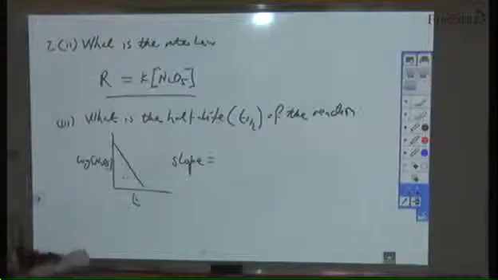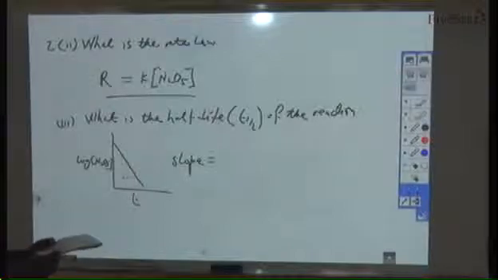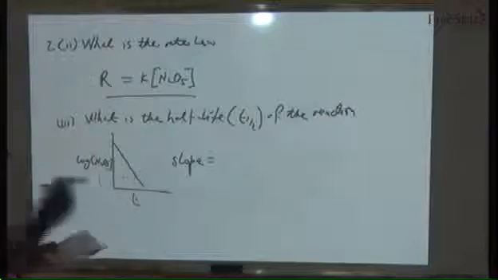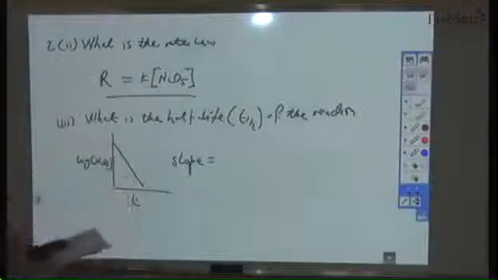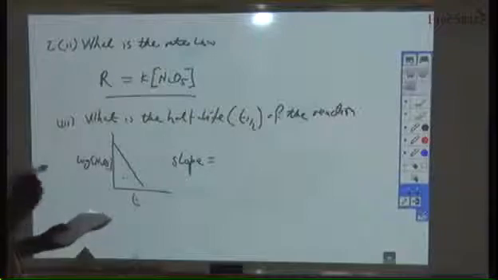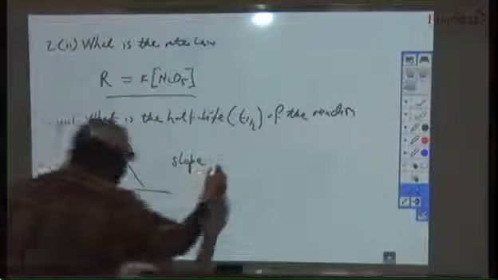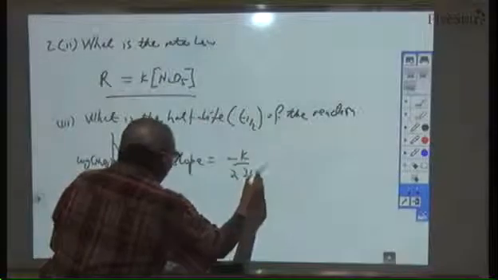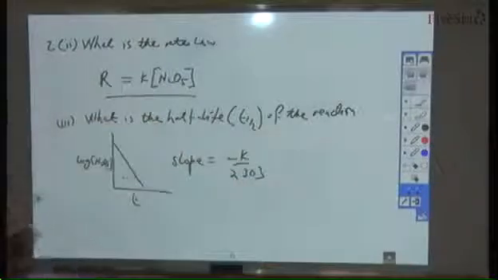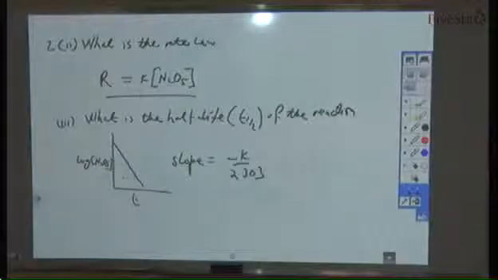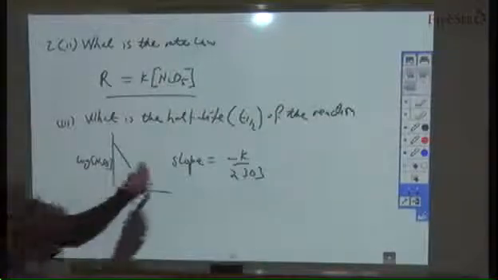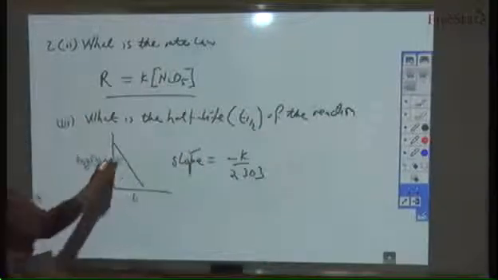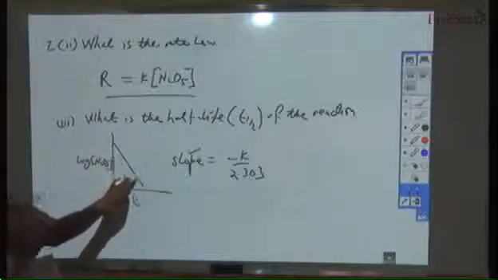So the actual value of the slope, you get it from your graph. And then this slope is equal to minus k over 2.303. The slope, you evaluate it actually from your graph.